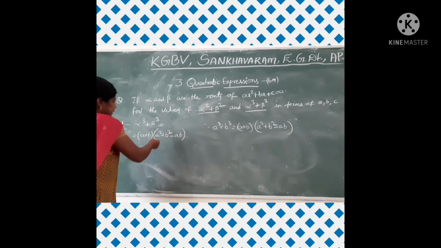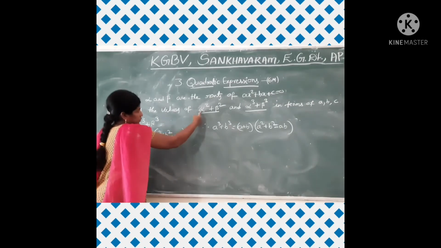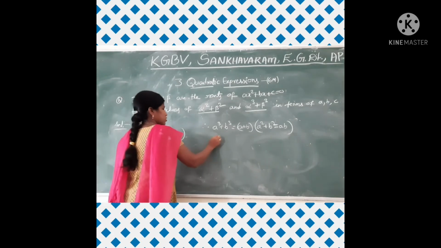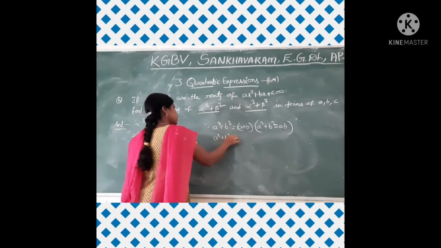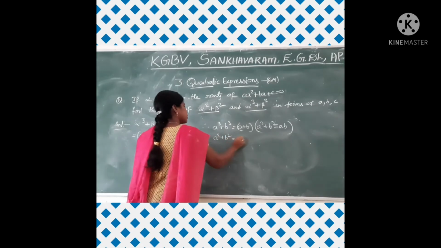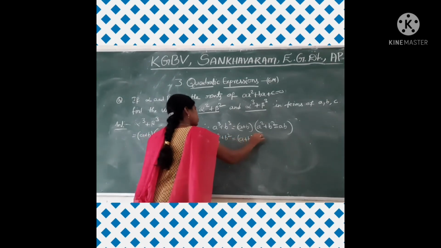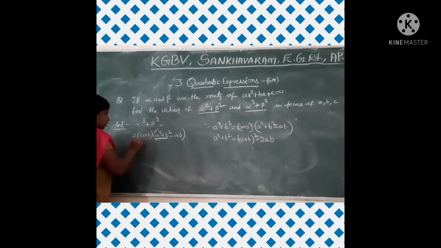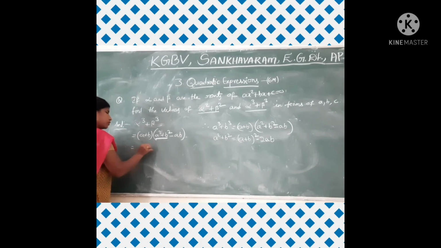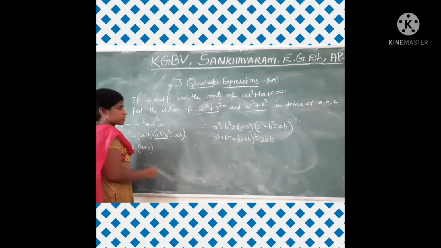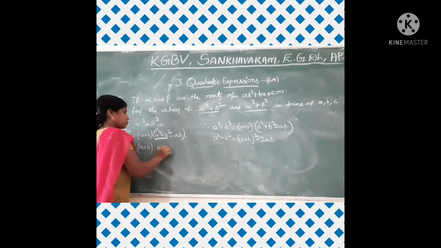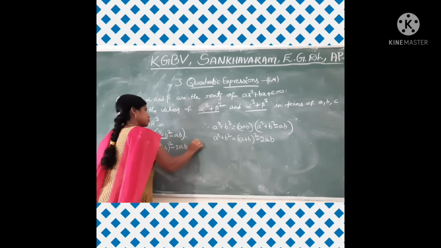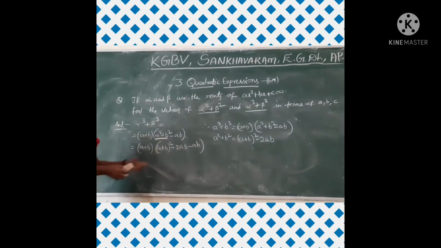Okay, again here alpha square plus beta square, and already we proved alpha square plus beta square is equal to alpha plus beta whole square minus 2 alpha beta. Here write alpha plus beta into alpha square plus beta square, meaning alpha plus beta whole square minus 2 alpha beta, minus alpha beta. Okay, understand? How do we get this one?